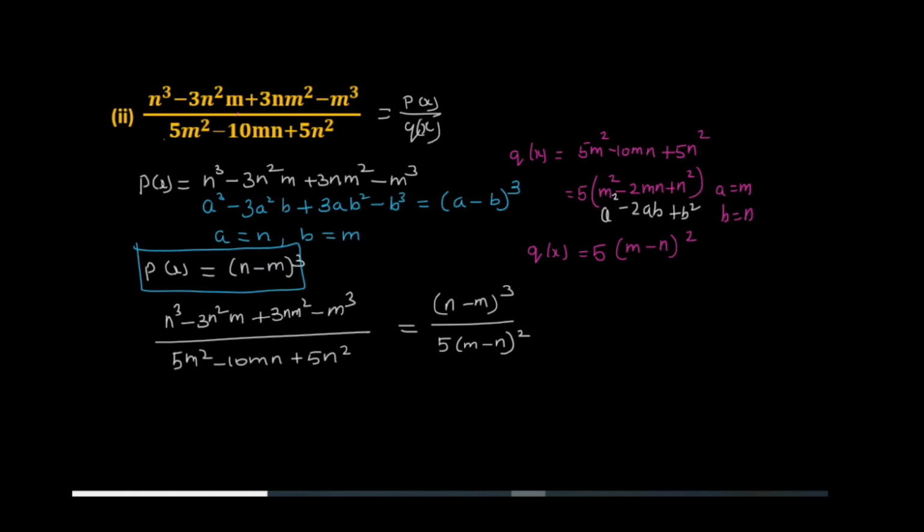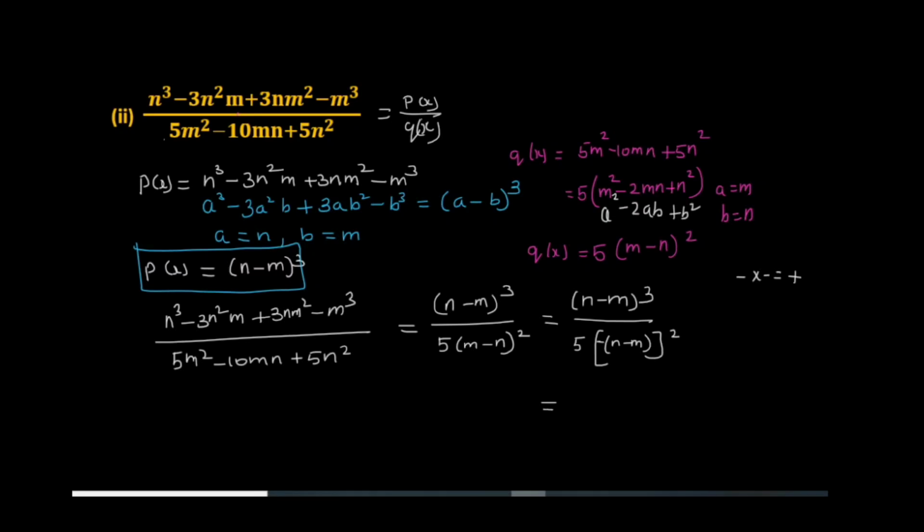Now when we are squaring, minus into minus will become plus. So we can write the denominator as 5 into minus of n minus m the whole square.